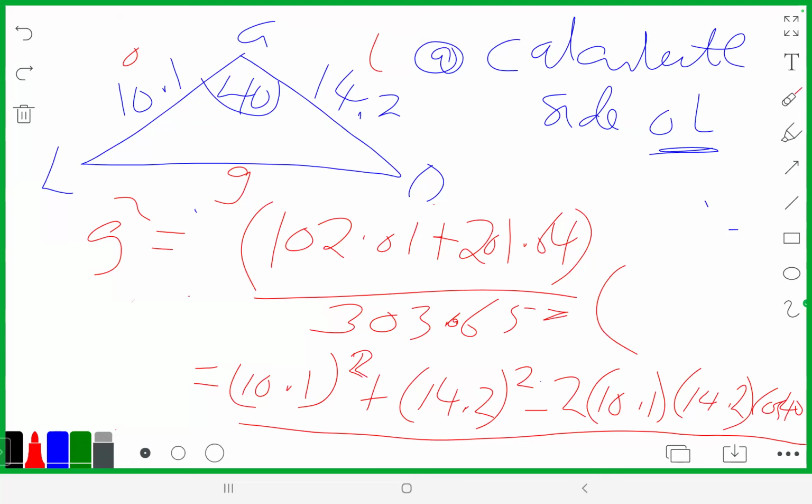Can you now multiply 2 times 10 times 14.2 cosine 40? What does that give us?